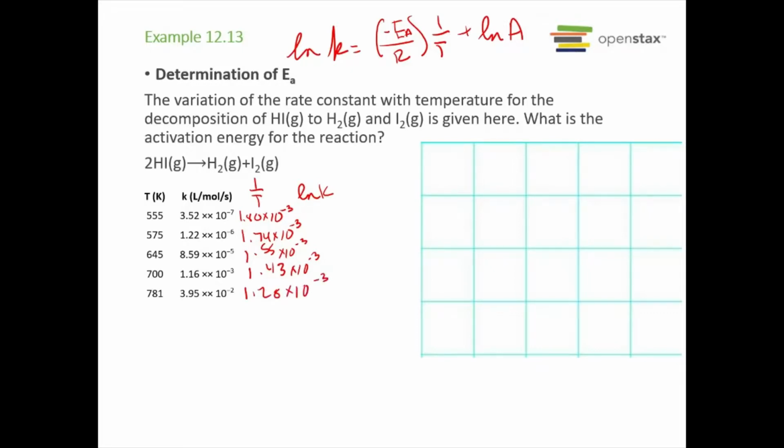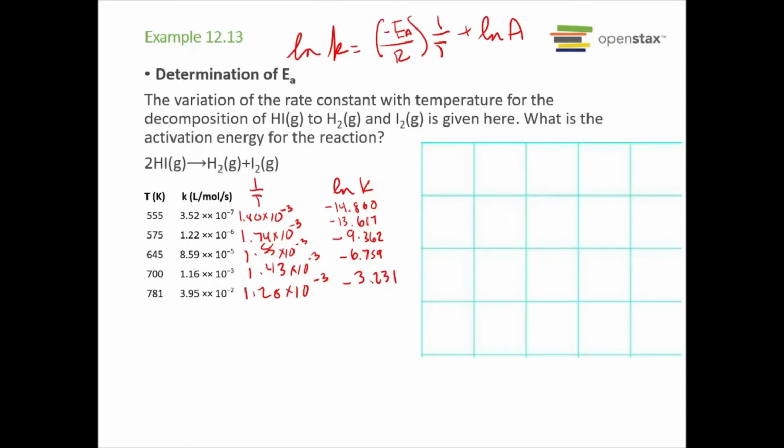And then the next thing is the natural log of K. So we get negative 14.860, negative 13.617, negative 9.362, negative 6.759, and negative 3.231.